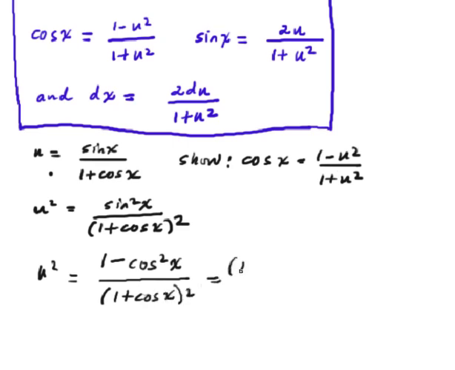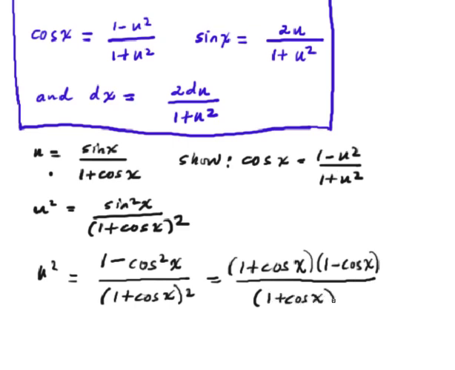That's equal to (1 plus cos x)(1 minus cos x) over (1 plus cos x) squared. And now let's reduce this, crossing out one factor of 1 plus cos x from top and bottom.